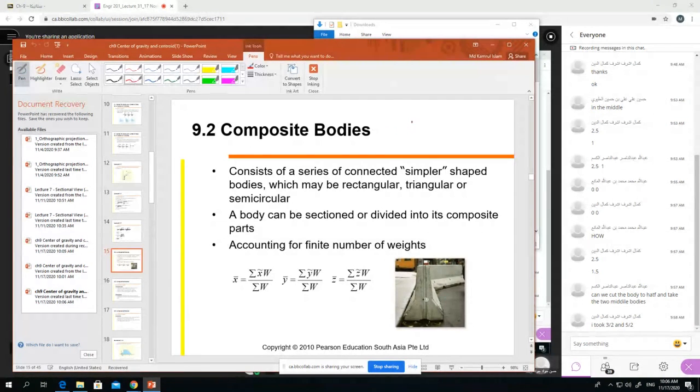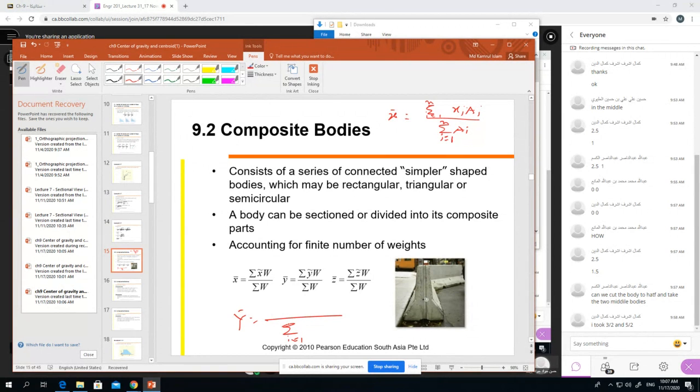So x bar, we learned what x bar is, I wrote for you. X bar equals summation of all the individual area into xi, I equal to 1 to n. Similarly, for y bar everything is the same.